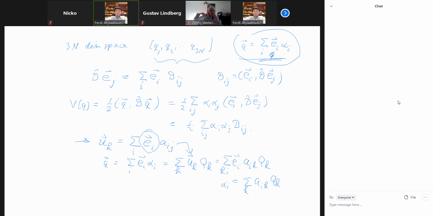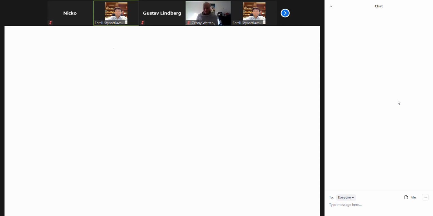But if we choose this UK, this new basis, to be eigenvectors of D, so we have D UK is equal to some eigenvalue, call it omega K. Then the Hamiltonian has a diagonal form.